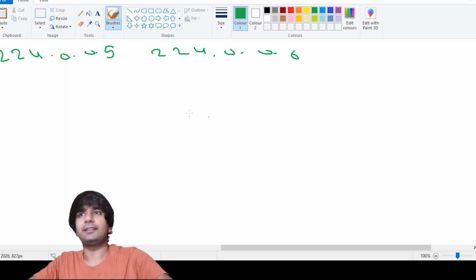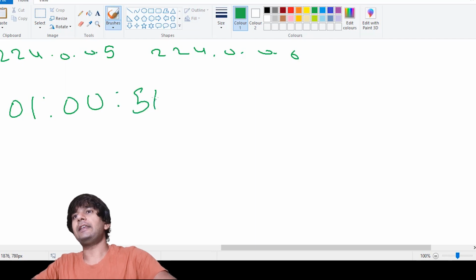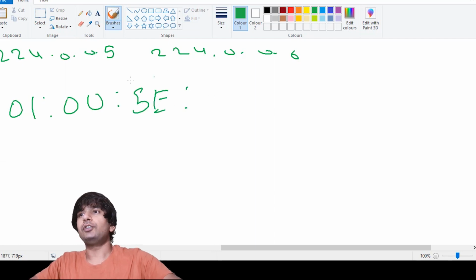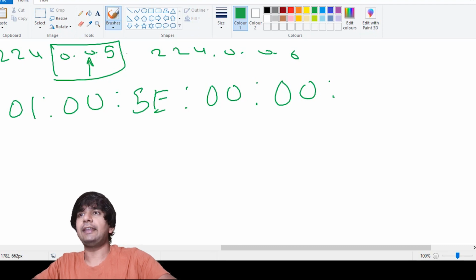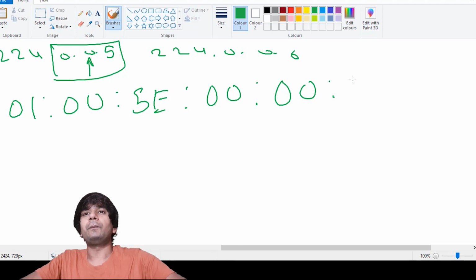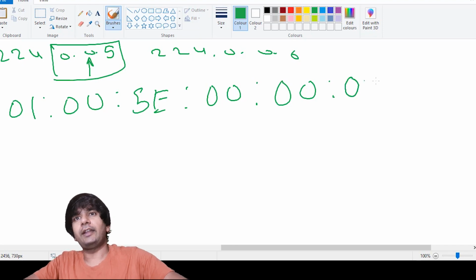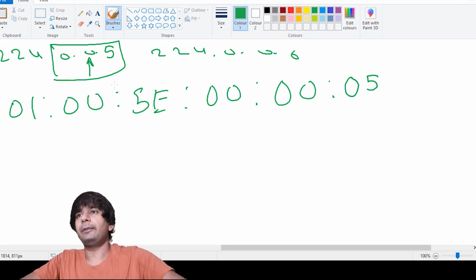We have already discussed these two IPs in great detail. The first bytes will be 01:00:5E, then 00 and 00 because the third octet is all zeros, and then 5.